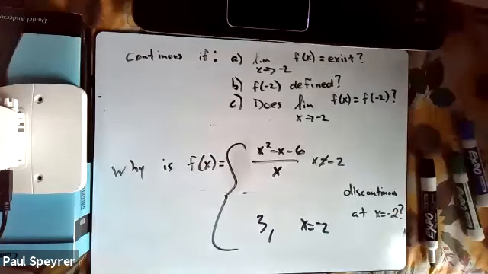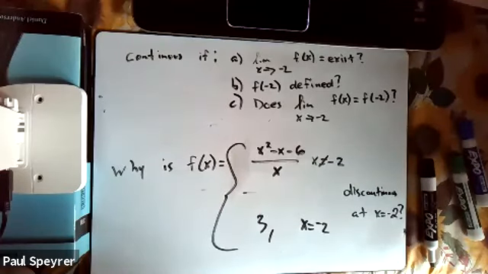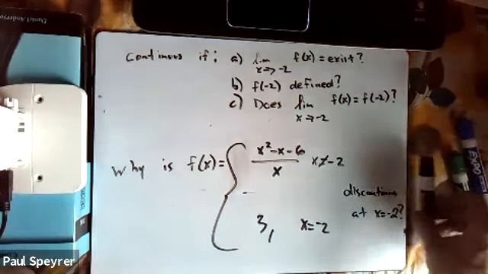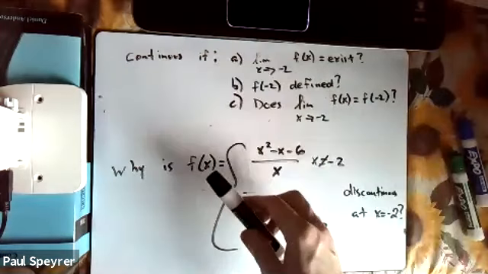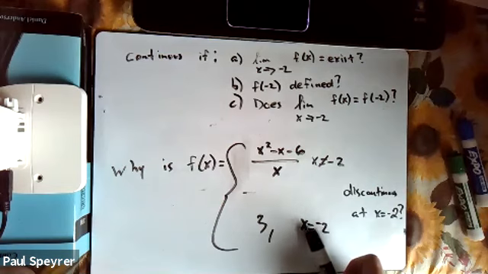All right, so how do we do that, right? Well, it doesn't matter in which order you actually work these out. So let's start with B, for example. It says, is f of -2 defined? Well, yeah, it is, right?